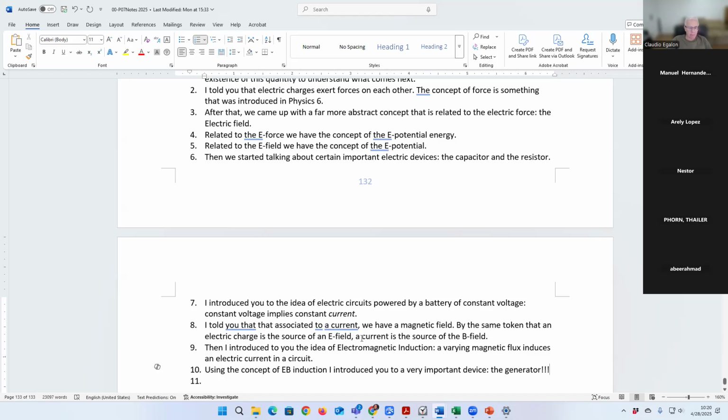I'm going to put it here between parentheses, Ampere's law. And that's going to be Faraday's law.